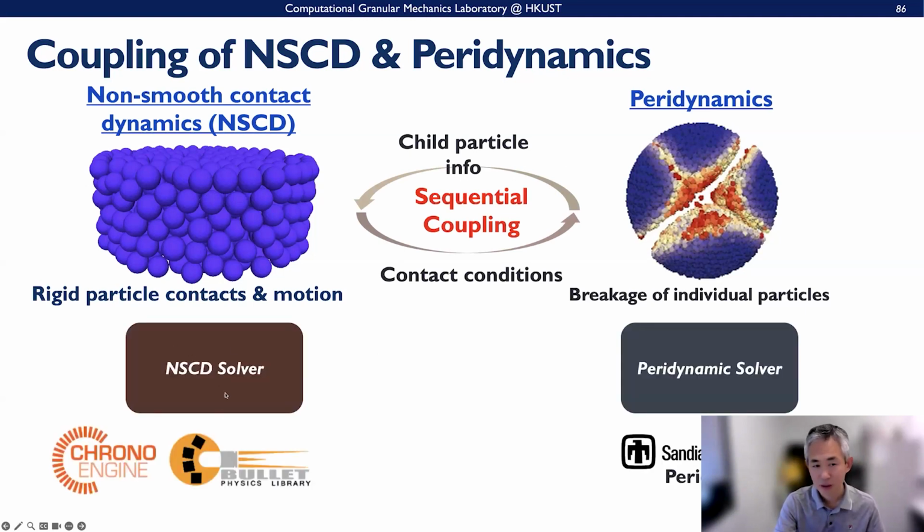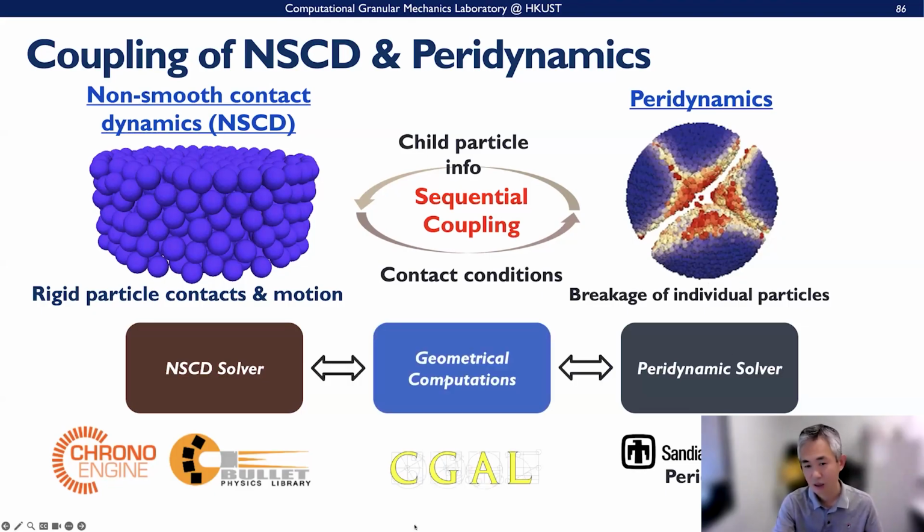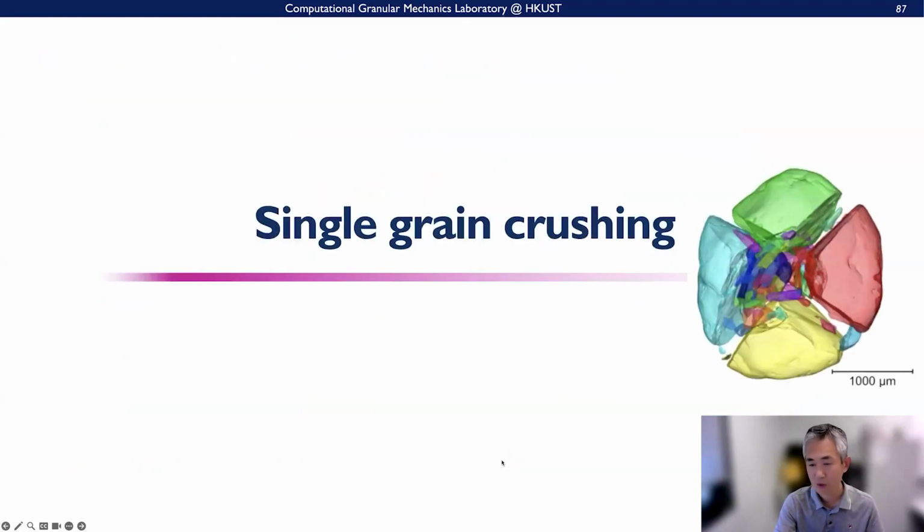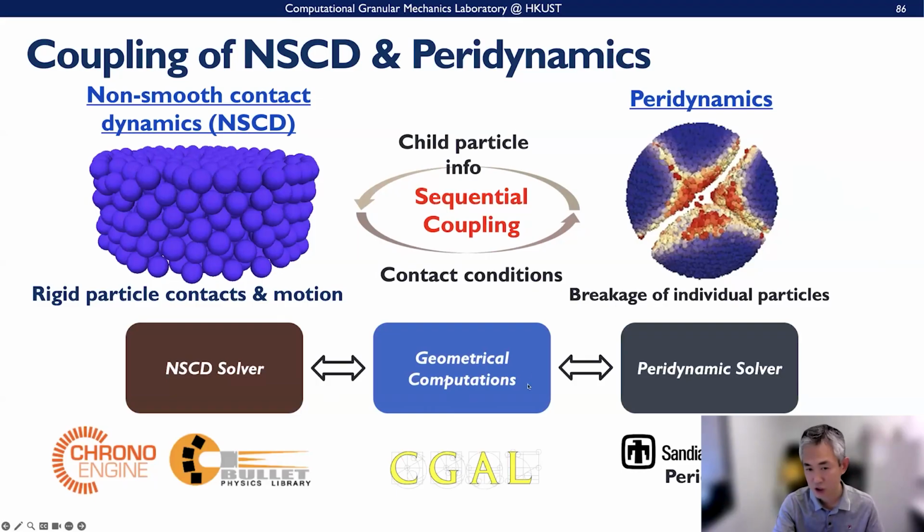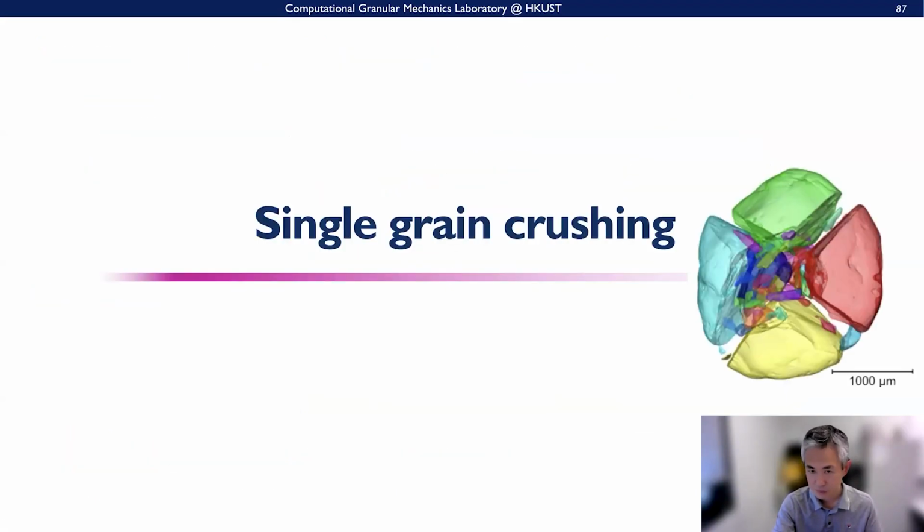Essentially we use Project Chrono for this NSCD, and then we use the Sandia National Labs Peridigm for this peridynamic simulation, and we develop this geometric computational library to establish and return the crushed particle shape and other things here.